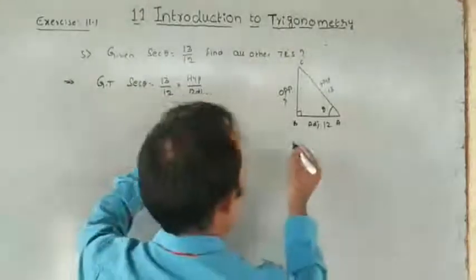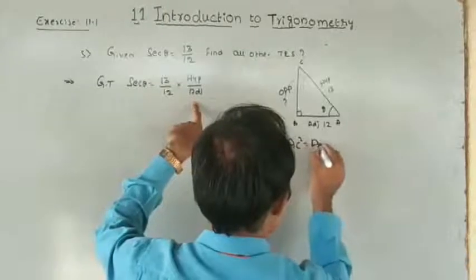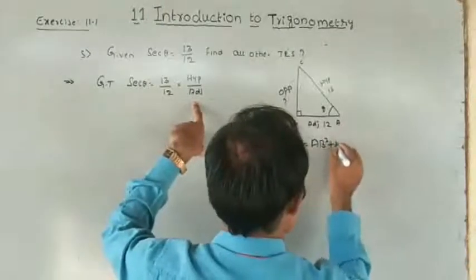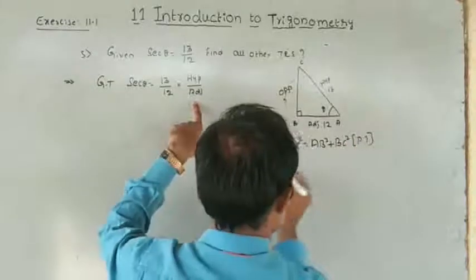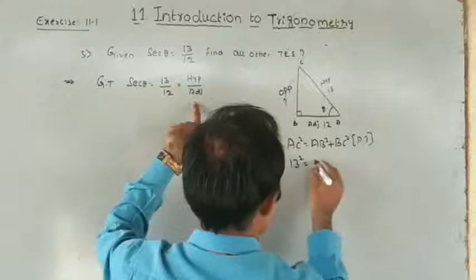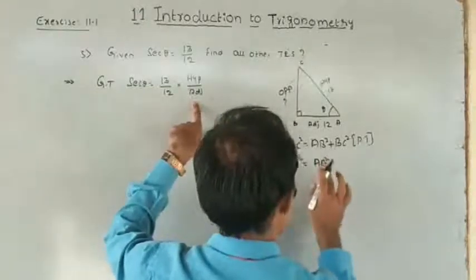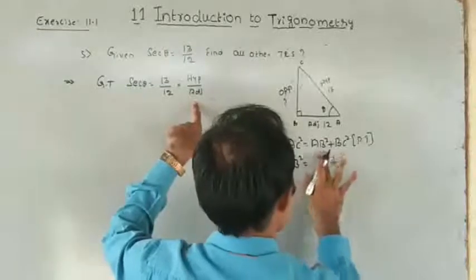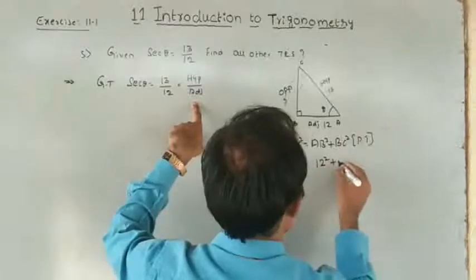Again apply Pythagoras theorem. AC square is equal to AB square plus BC square. The value of AC is 13, so 13 square. AB we know, it is 12, so 12 square, plus BC square which we don't know.